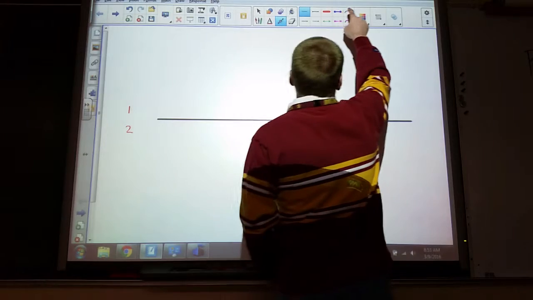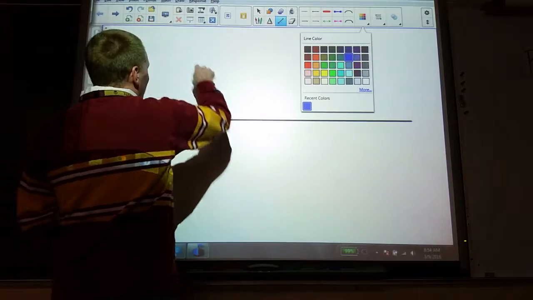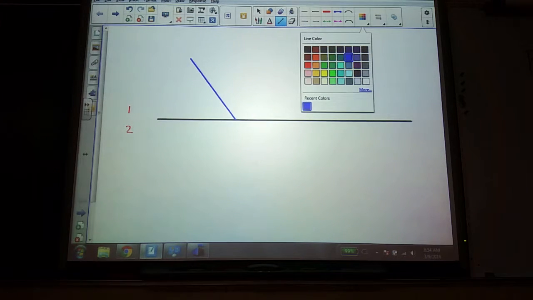So on this, I'll do a blue line for our light. The light comes in here, and what you saw, you actually had another interface underneath that going back into air.